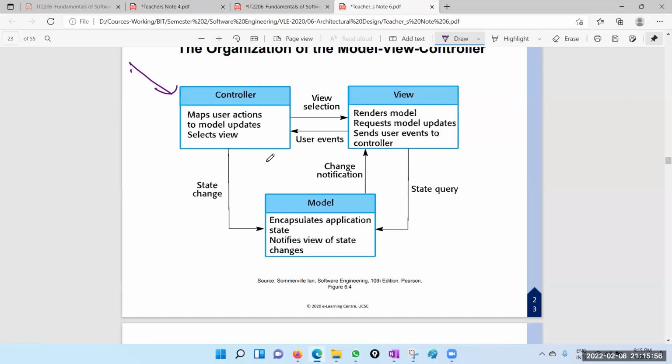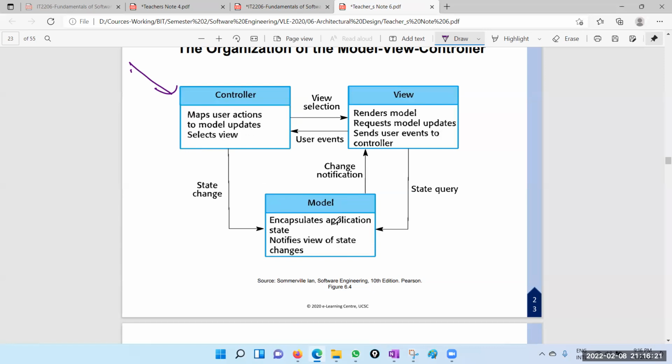Then it will delegate to the model, especially if you want to retrieve data or save data, because that action can be saving, doing a transaction, or it can be just looking for something, searching something. So database related things or data related things are given to the model.